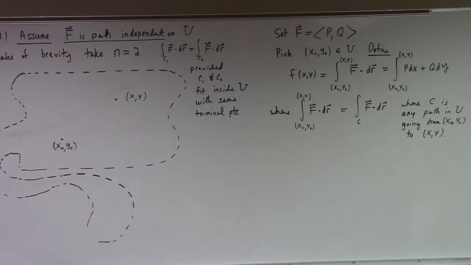Why is this function f of x y single valued? It's single valued because it doesn't matter what my choice is for C. There's lots of different choices. Doesn't matter what those choices are. We're assuming path independence, which means all of those choices lead to the same value, namely that line integral. So this is a reasonable definition. So what do I need to show? What's my goal?